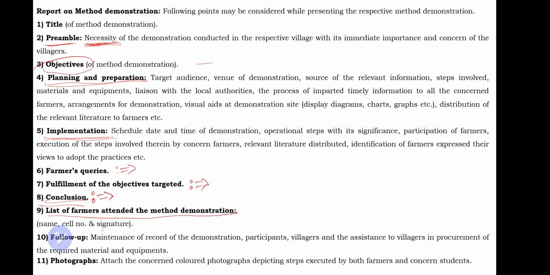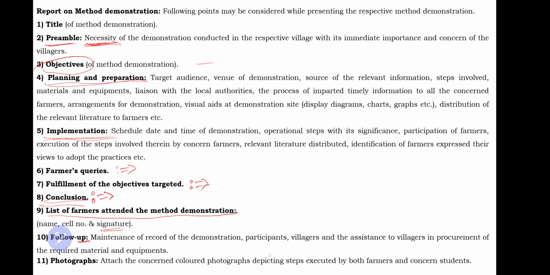Sometimes they hesitate to sign on the sheets. If it is okay, they are ready to give the signature; attach it along with the signature, but try to get the signatures. And then follow up. In follow up, mention how many farmers started using your technology during the stay of your RAWE or village attachment.